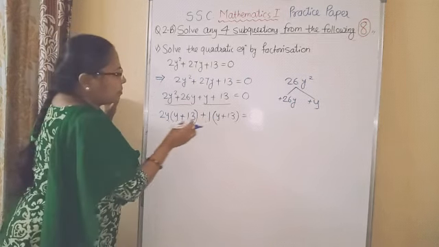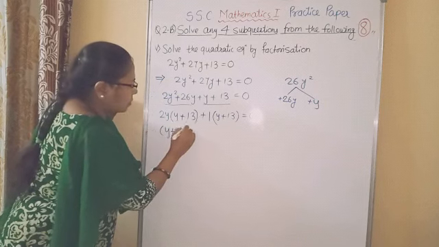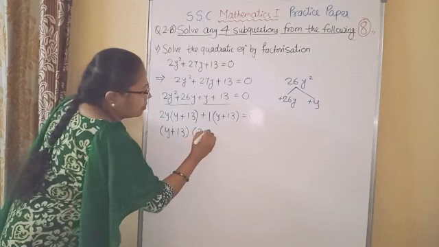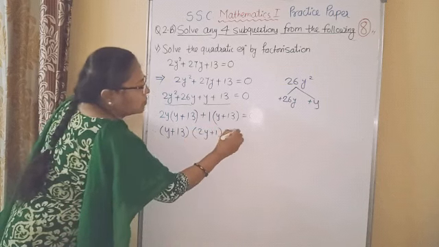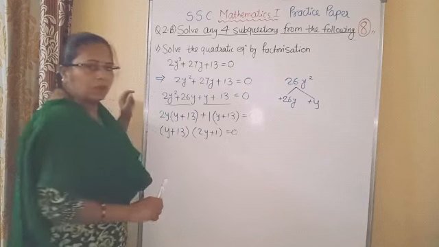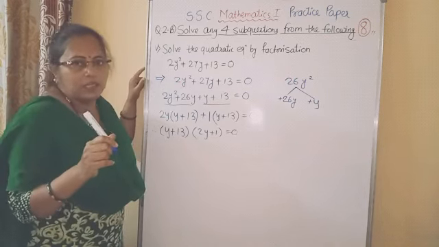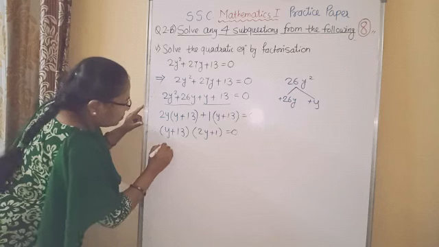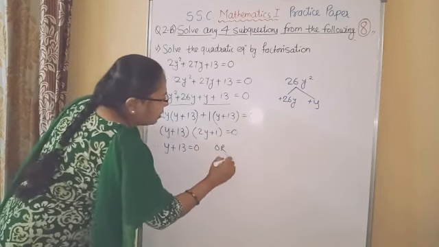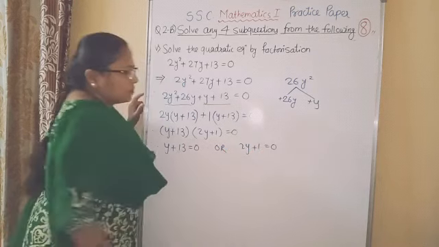Now here y plus 13 is the common factor, and the second factor is 2y plus 1 is equal to 0. The product of these two factors is 0. Then out of these two factors any one factor is 0. So either y plus 13 equal to 0 or 2y plus 1 is equal to 0.